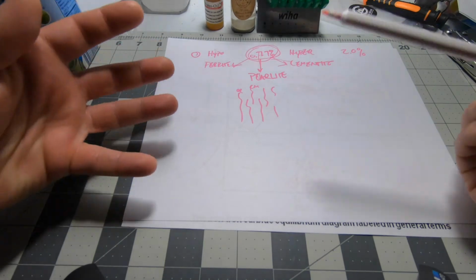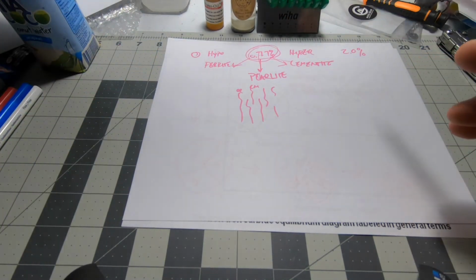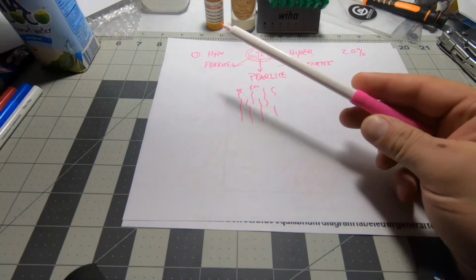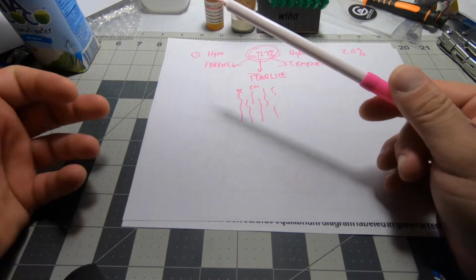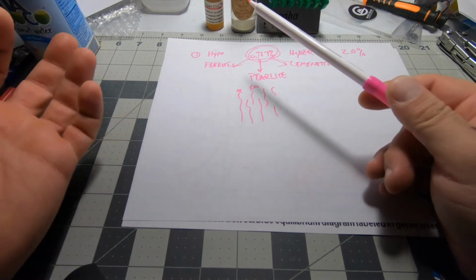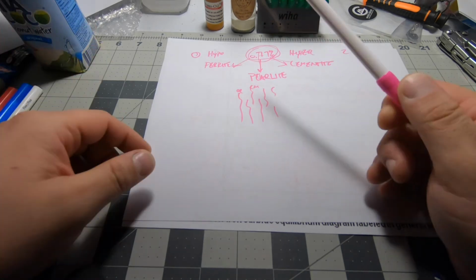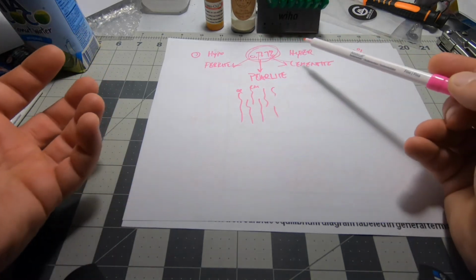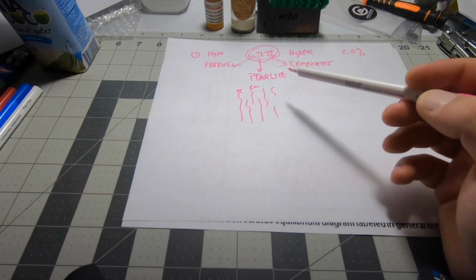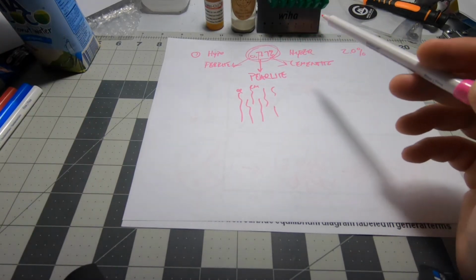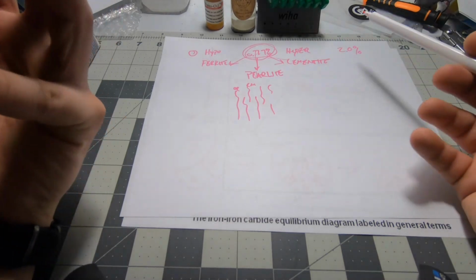Okay, I hope that made sense. But basically we have the three classifications: eutectoid, which is 0.77% carbon; hypoeutectoid, which is less than 0.77% carbon; and hypereutectoid is greater than 0.77% carbon.